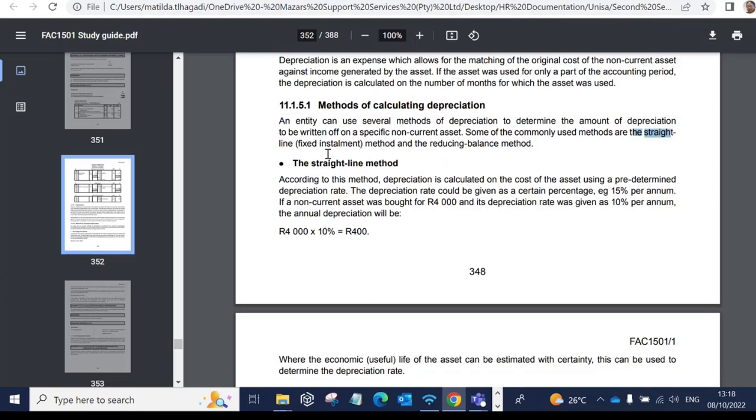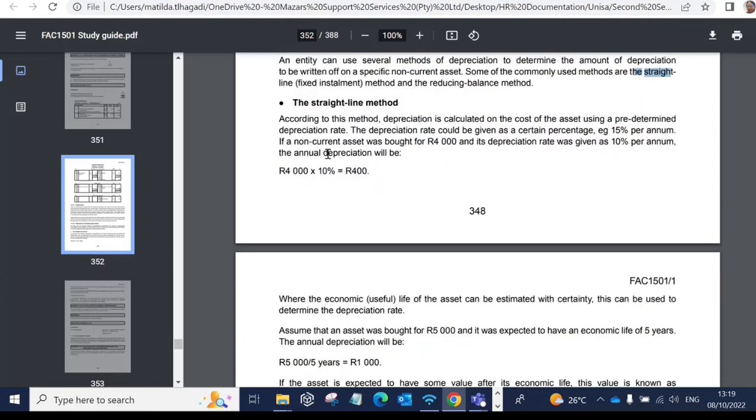What is the straight line method? According to this method, depreciation is calculated on the cost of the asset using a predetermined depreciation rate. The depreciation rate would be given as a certain percentage, e.g. 10% per annum.